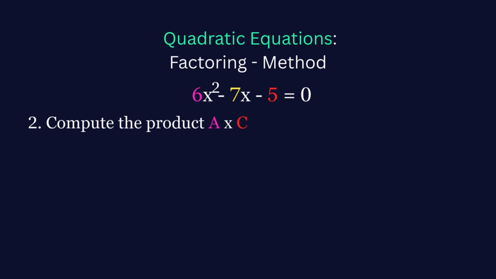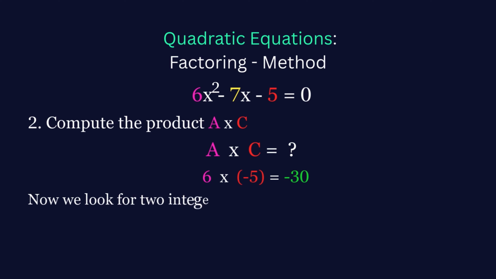Now we need to multiply the first term coefficient with the constant. So it would look something like a times c, which is 6 times negative 5, and that will give me negative 30. Now we look for two integers that can be either negative or positive numbers. I'll name the first number m and the second number n.